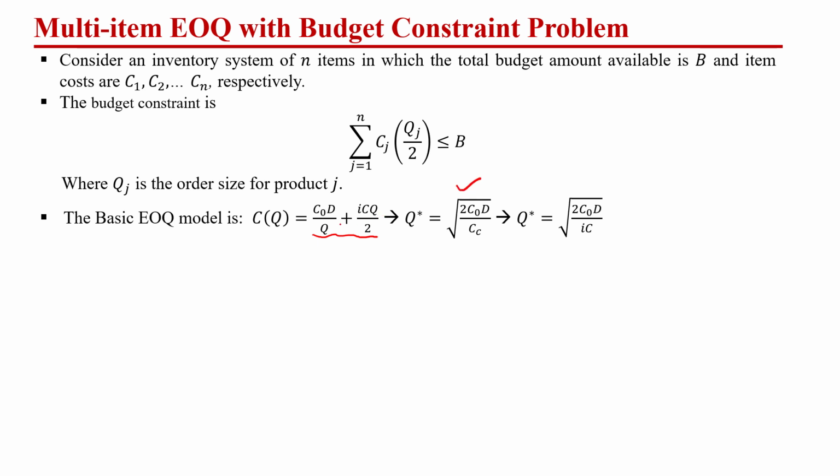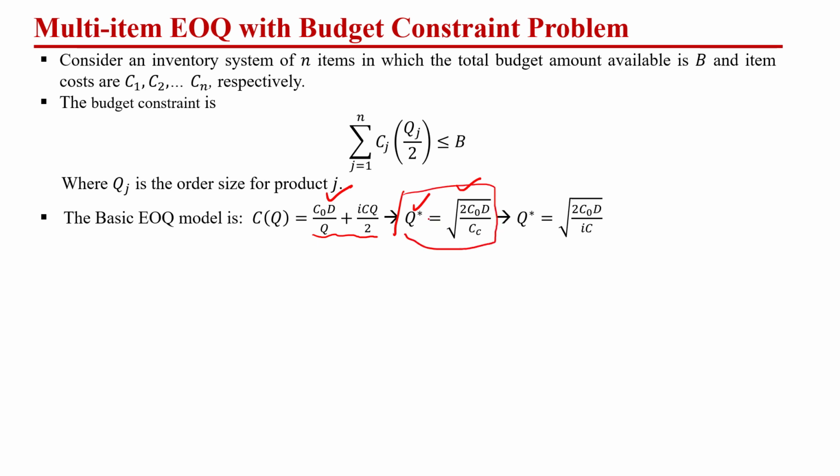Then we differentiate the first derivative again, which gives the second order derivative, and that must be greater than or equal to 0. If it is, then against this q value the total cost is minimum. That is why we call it the optimum order quantity.